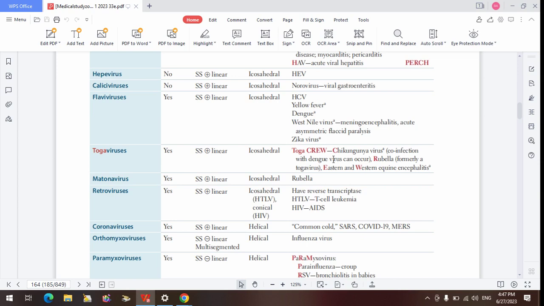Toga, rubella. So rubella is very easy to pick. Rubella is also known as German measles, and we already talked about measles. We said the rash typically starts from the head, moves downwards to involve the limbs and the trunk.